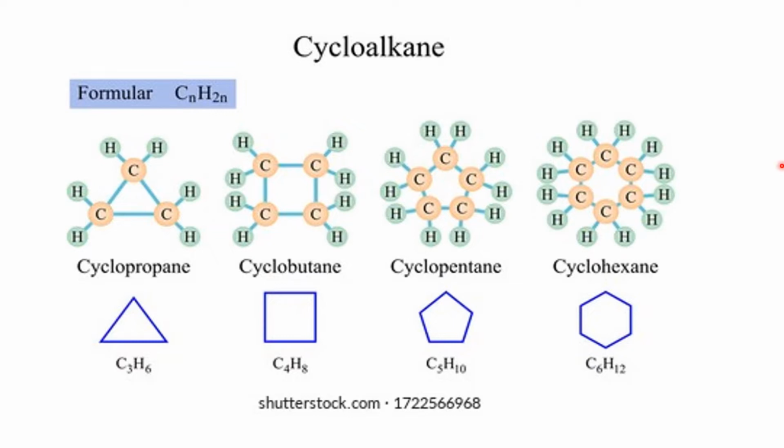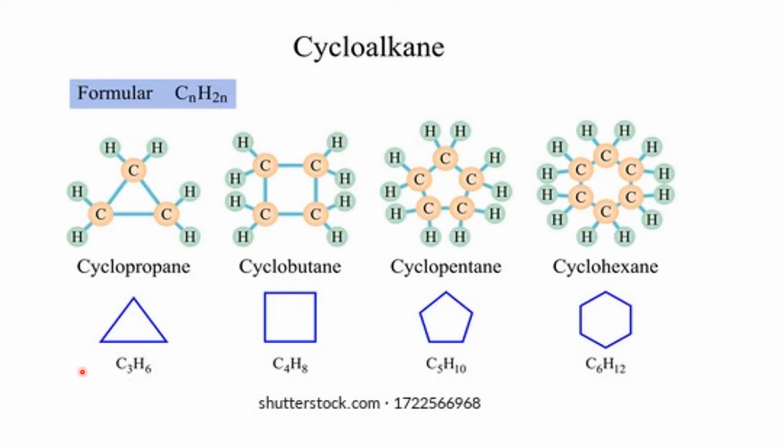Now see here, these are the cycloalkanes. Cycloalkanes are saturated alkane molecules which exist in a cyclic form. For any compound to be in a cyclic form, it should have three corners to form a cyclic structure.